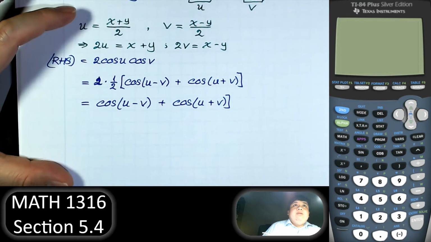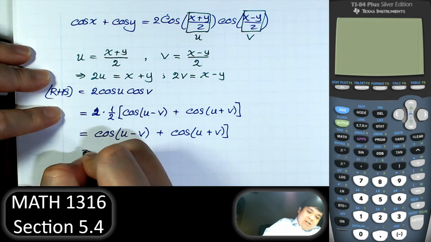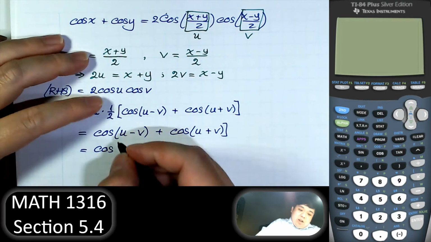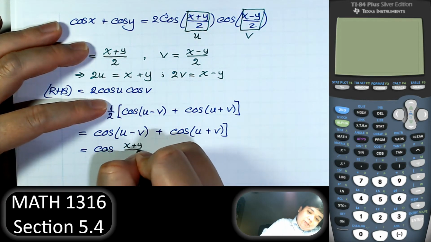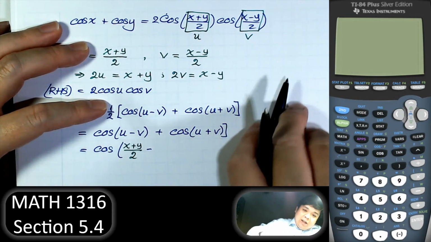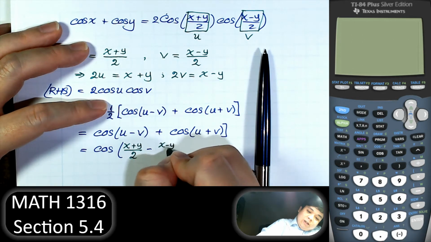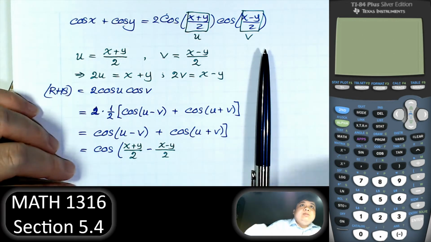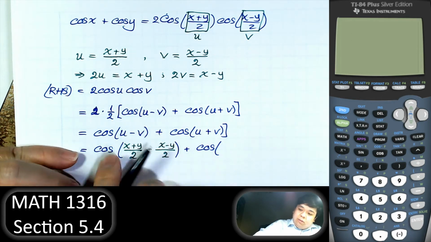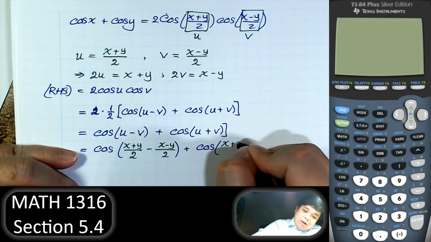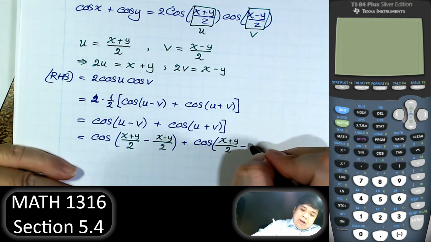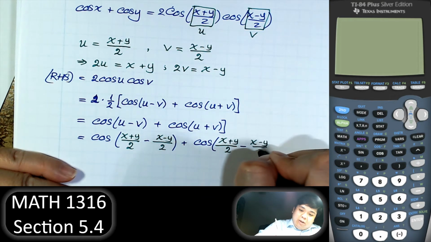Now we just need to substitute back in. u is x plus y divided by 2. v is x minus y divided by 2. x plus y divided by 2. x minus y divided by 2.